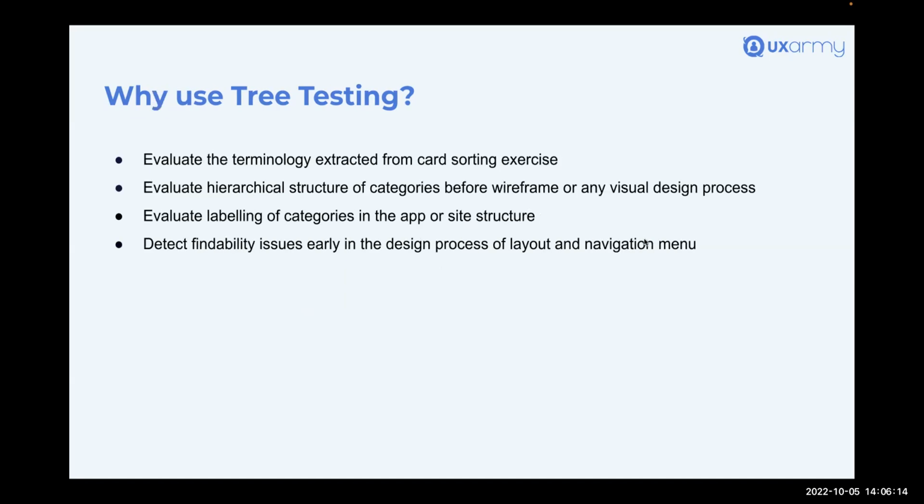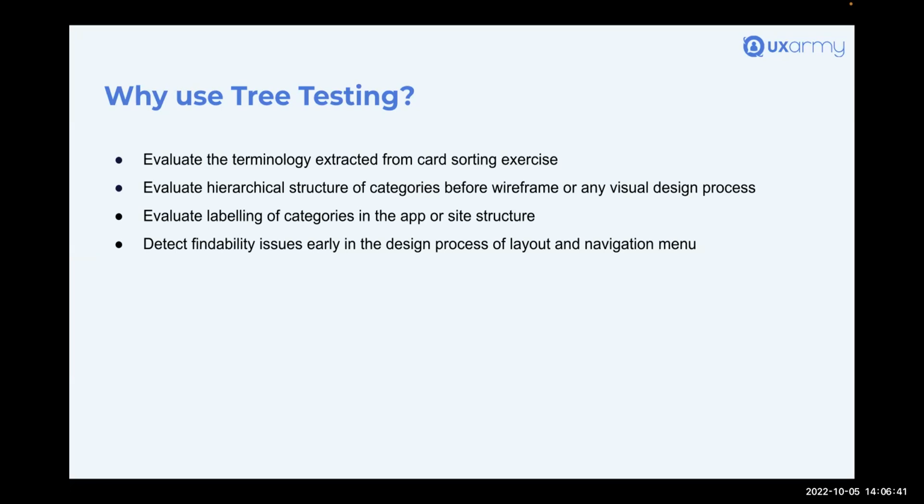And then why we use retesting is actually to evaluate the terminology extracted from a card sorting exercise. So the terminology that you get from card sorting can be tested and evaluated in retesting. It is kind of a reverse study from card sorting.